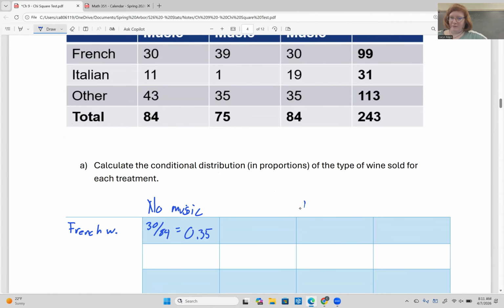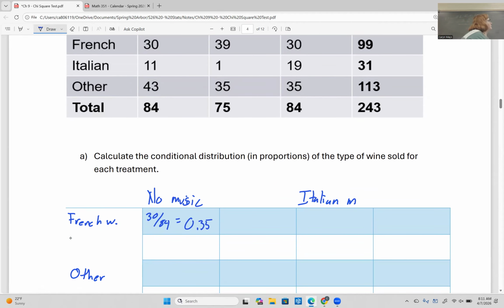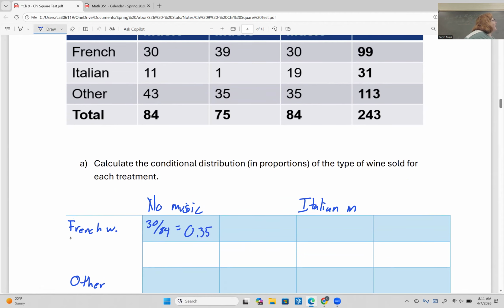Looking at a different one to ask the same question. If Italian music is playing and I want to know about other wine being purchased, how would I find the proportion of other wine being purchased when Italian music is playing?